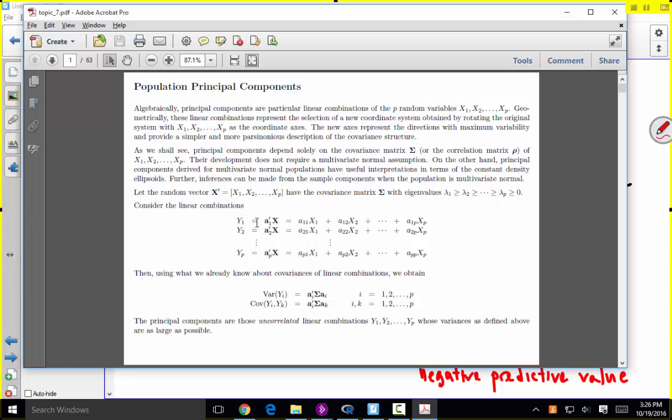Then consider any linear combination of those random variables.